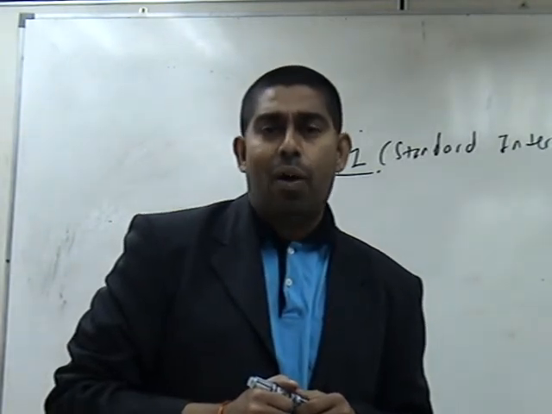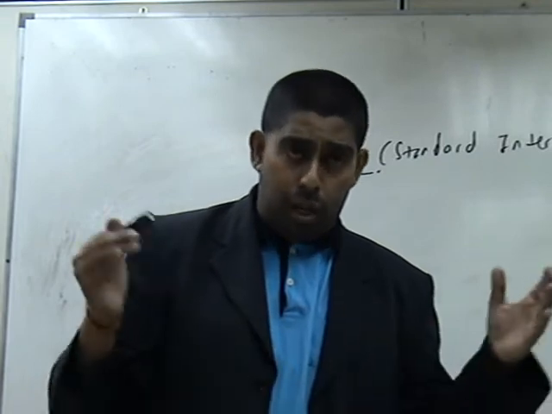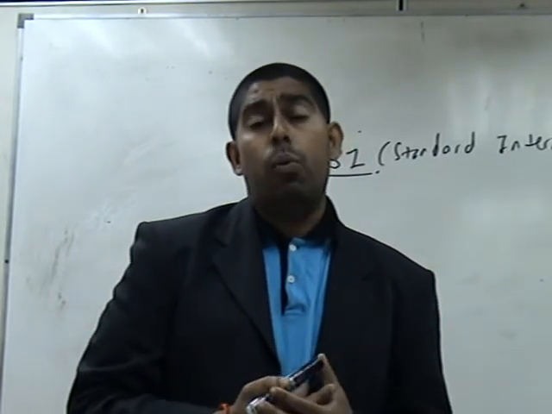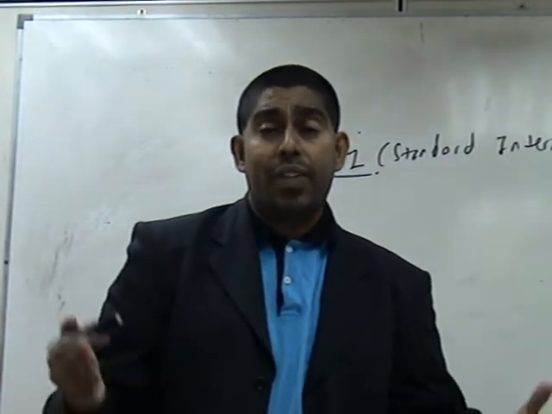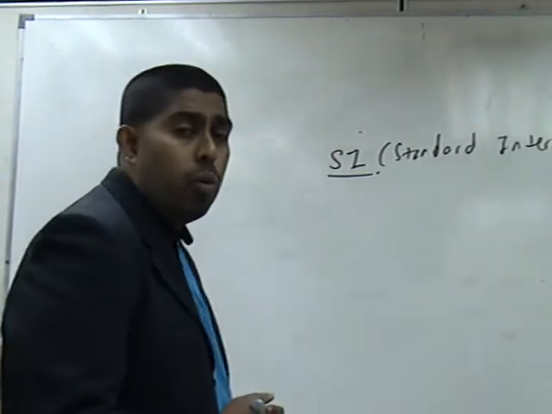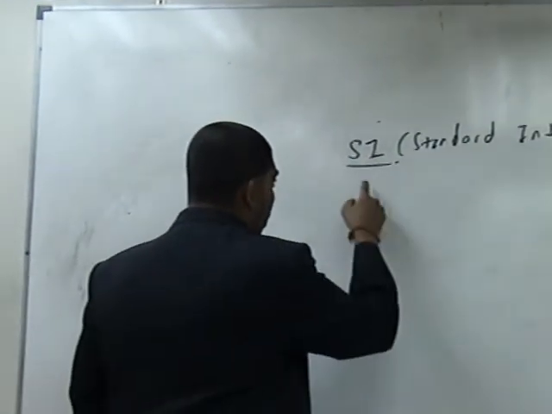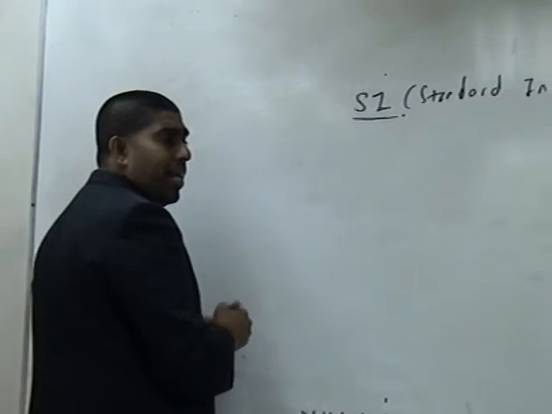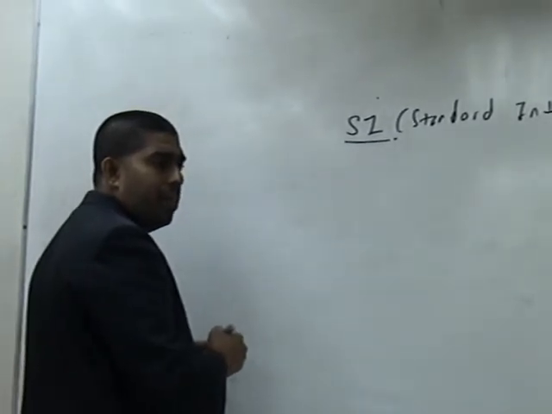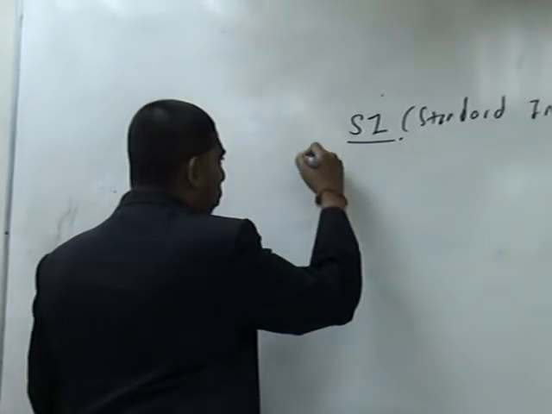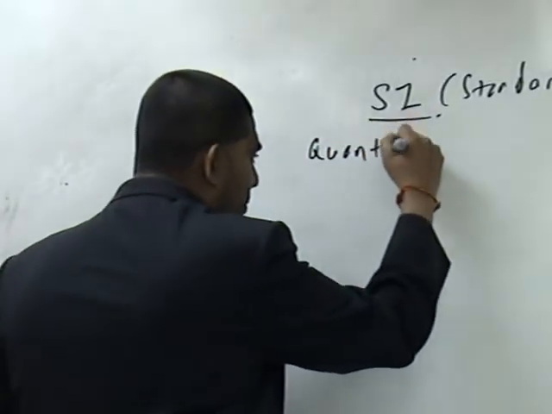That is the reason why all scientists have come together and they have come out with standard units. Okay, so in this particular part, you must understand that there are two types of quantities, right? Two types of quantities.